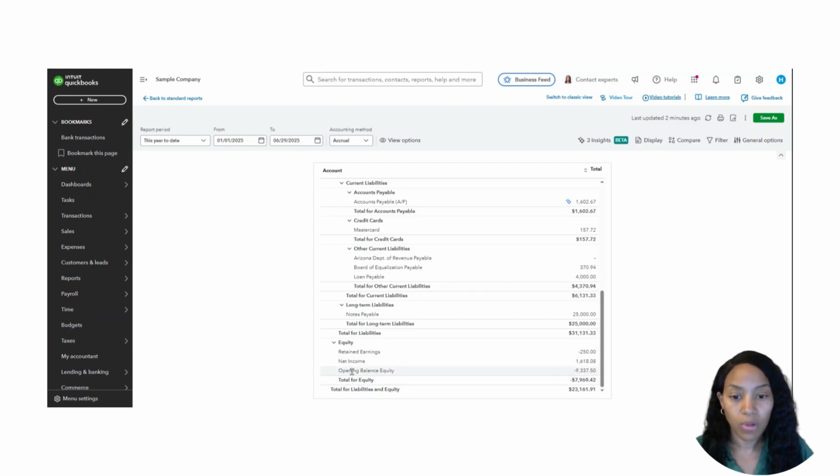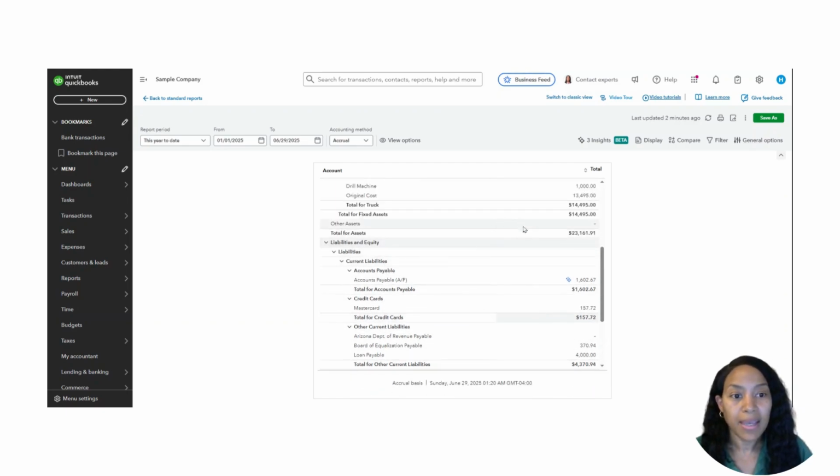So if you look at the opening balance equity, there's a negative. When bookkeepers or accountants are cleaning up your books, opening balance equity needs to be zero. For example, the inventory asset can be negative.